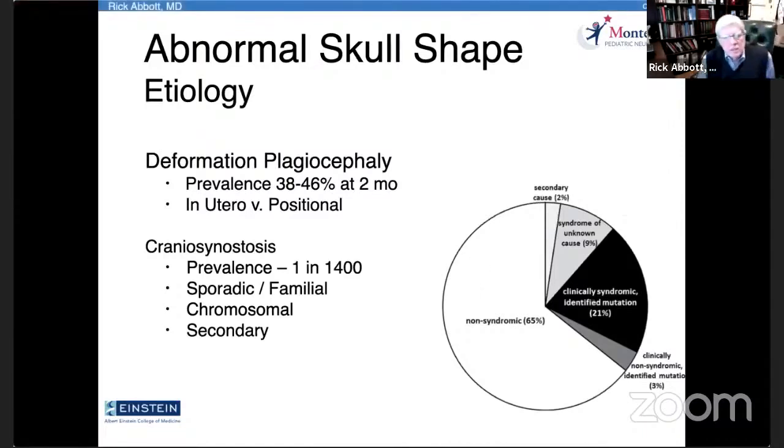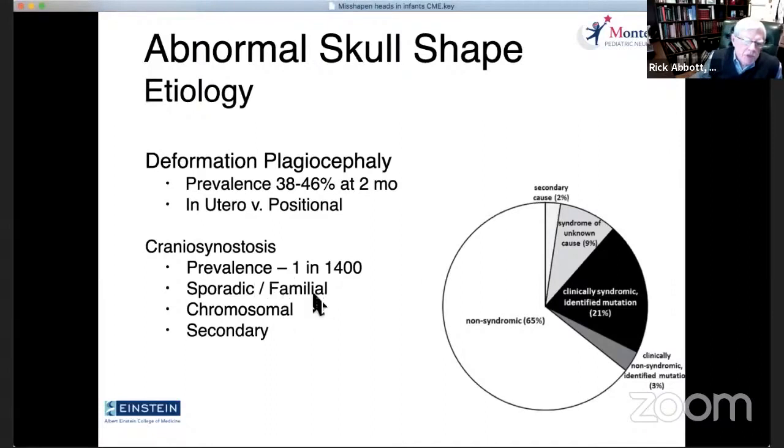Craniosynostosis, on the other hand, is rarer. Its prevalence is about 1 in 1,400. The majority of the cases are sporadic. I'm sorry, 8% will be familial with an autosomal dominant inheritance.